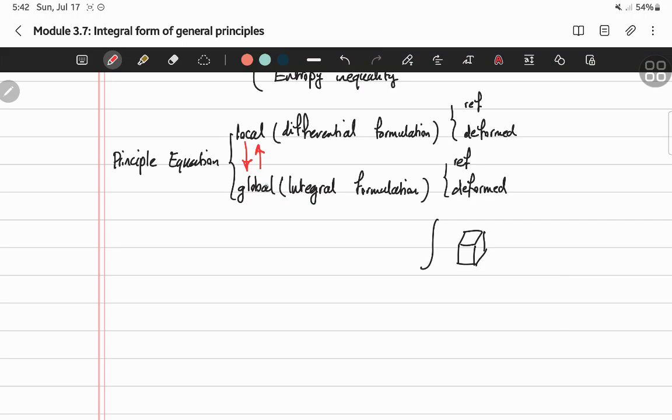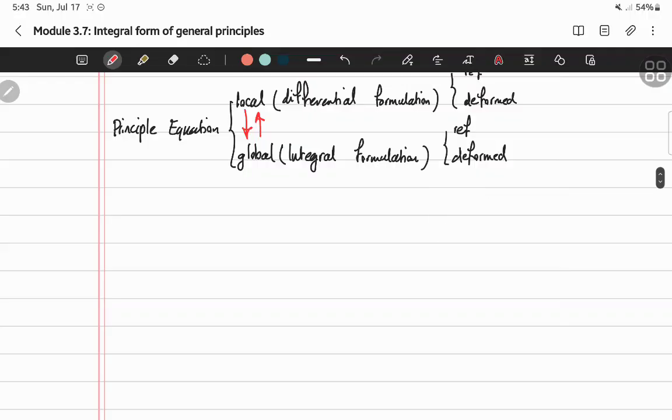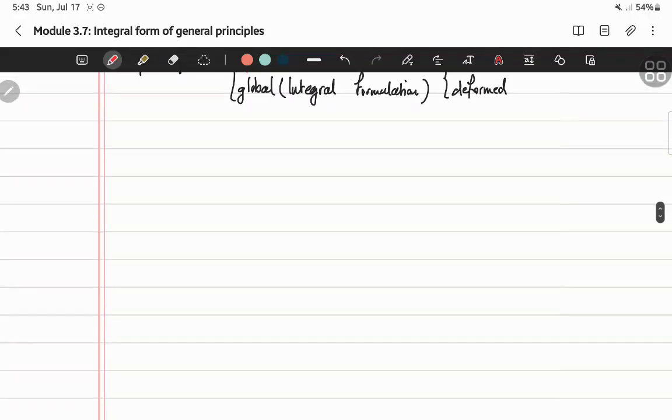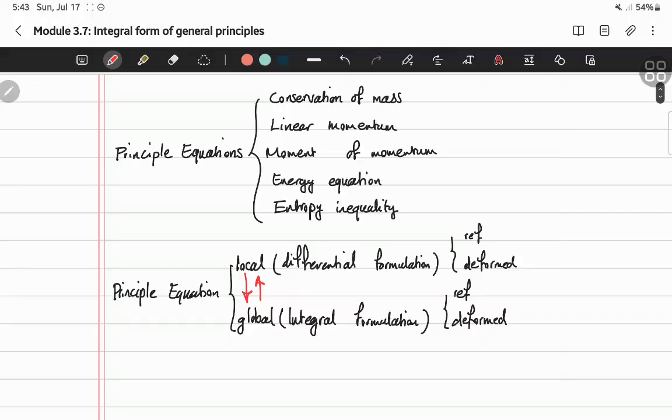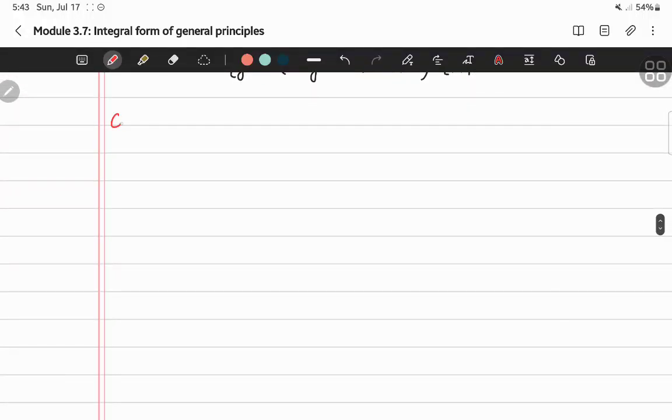And if you develop your equation based on the global formulation, you can get back to the local formulation. All right, so with this motivation, let's get to the first principal equation, which is the conservation of mass.